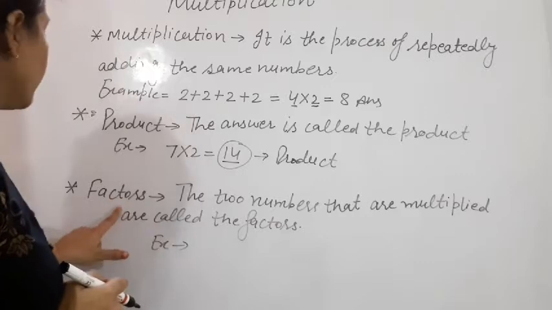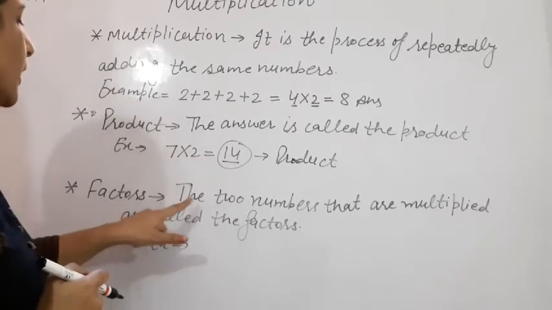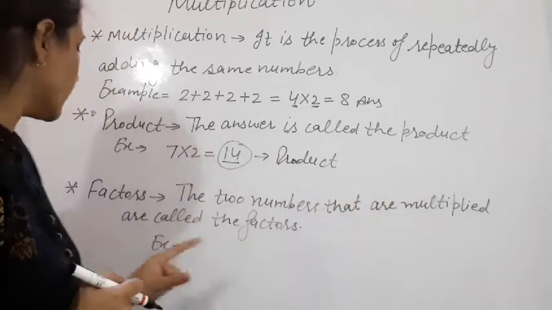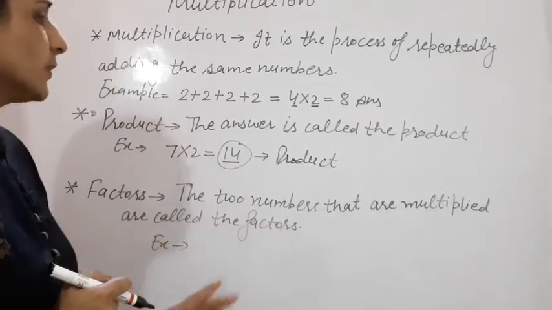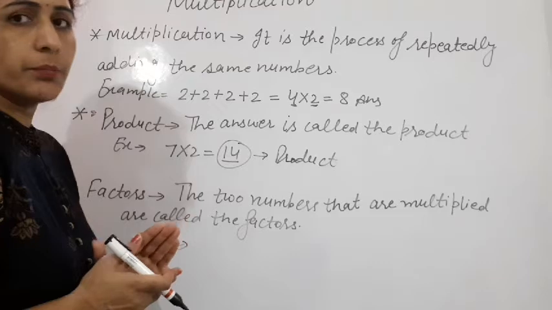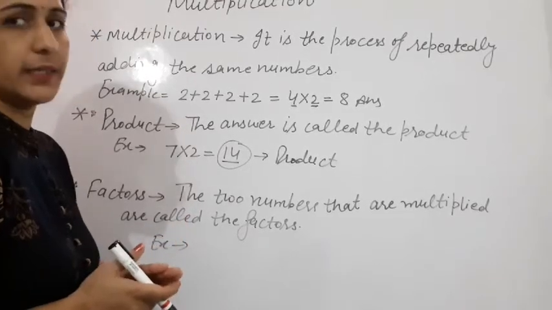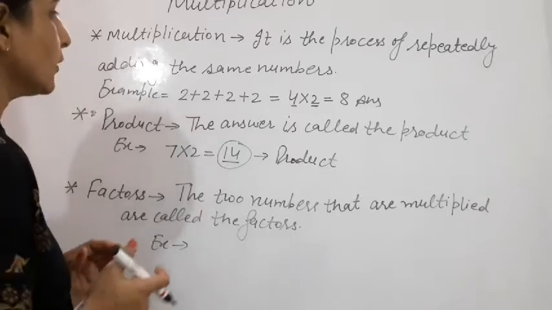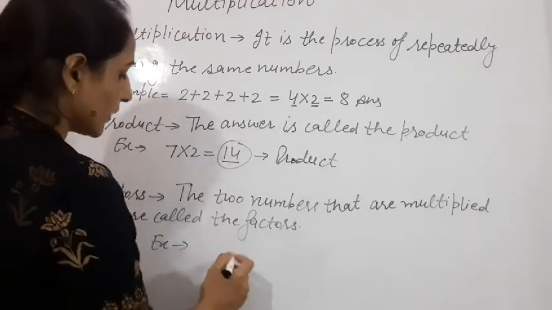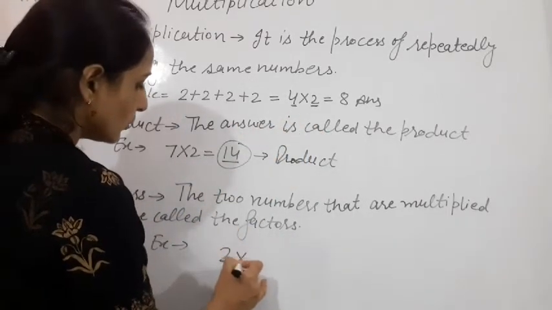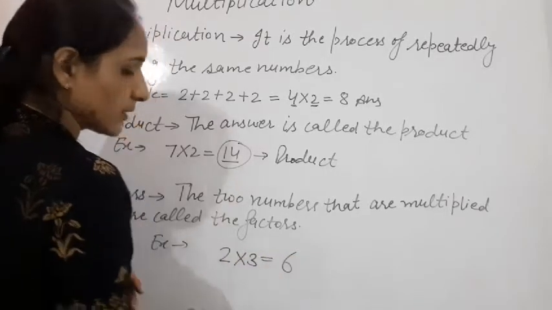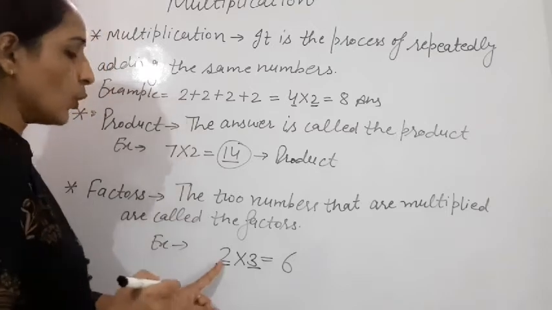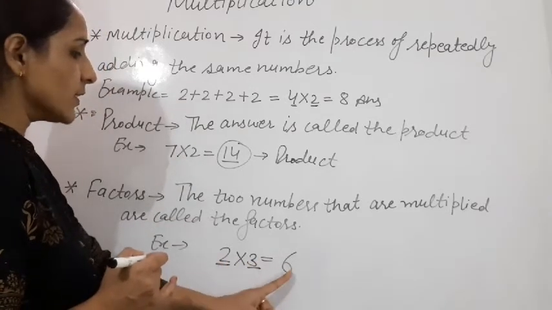The next one is factors. What are factors? The two numbers that are multiplied are called the factors. It means the two numbers which are multiplied, those numbers are called the factors of the given number. For example, 2 threes are 6. Clear? Here 2 and 3 both are the factors of 6.